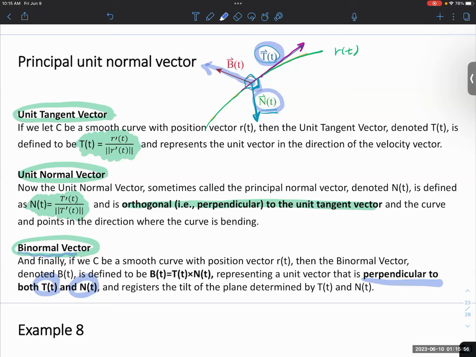Then you can also talk about the binormal vector because this is perpendicular to both the unit tangent and normal. So this is the formula. The binormal vector is found by the unit tangent vector cross product with the normal vector. So I will show you how to find those 3 different unit vectors in the next example. So let's quickly go there.